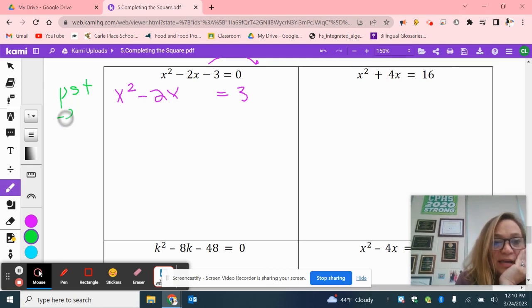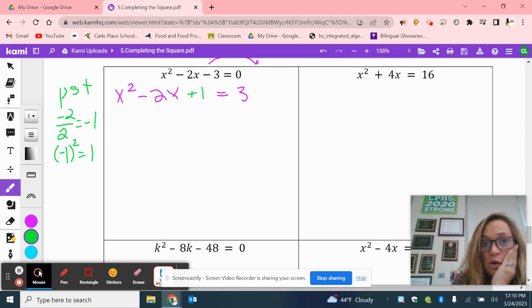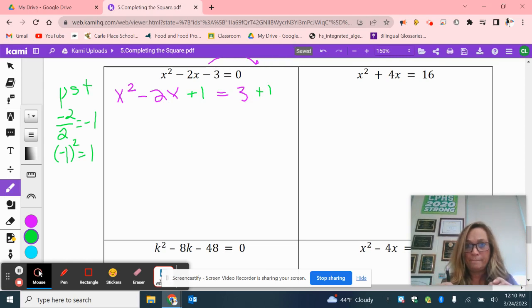So I'm going to do negative 2 divided by 2 equals negative 1. Negative 1 squared equals 1. So I'm putting a plus 1. Whatever you do to one side, you do to the other. That's what keeps the equation true.